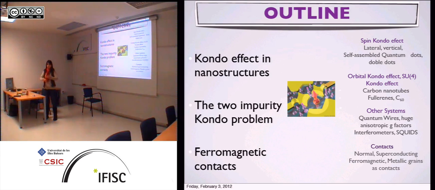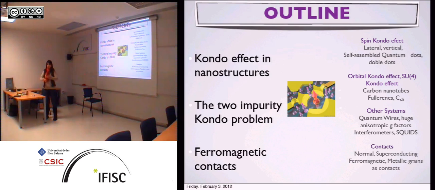And the finite density of states makes the dot perfectly conducting, because the transmission through the dot is proportional to the density of states at the Fermi energy. So the conductance is proportional to the transmission, and the transmission is proportional to the density of states. Whenever you have a peak in the density of states at the Fermi energy, you have maximum conductance.